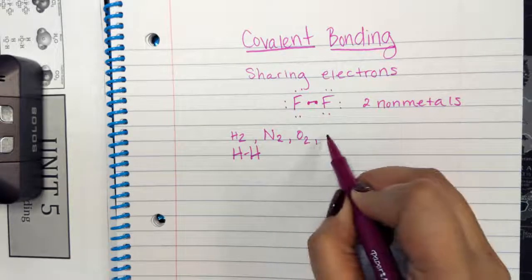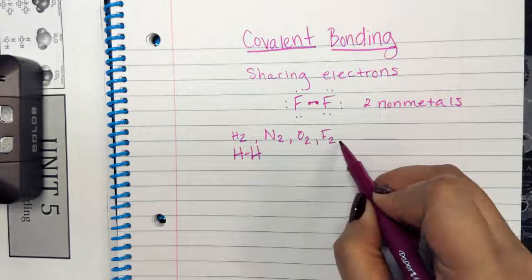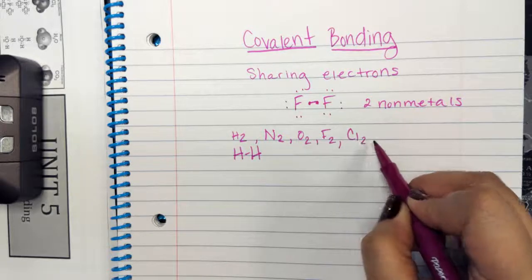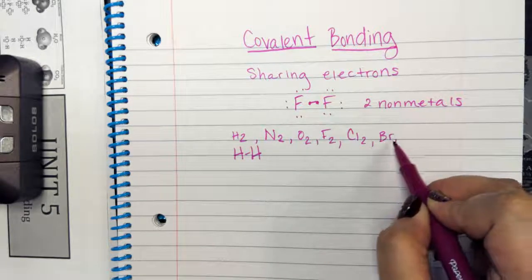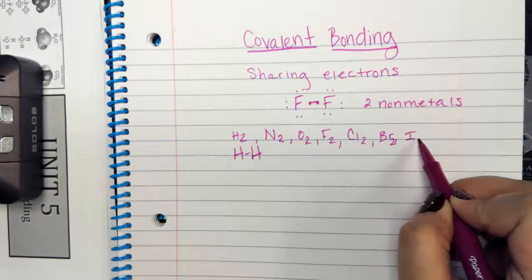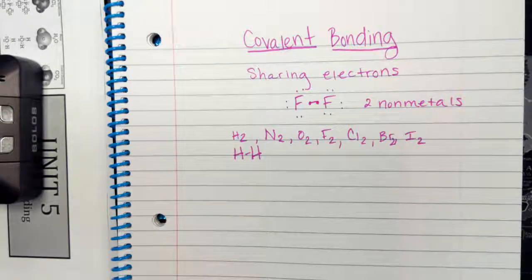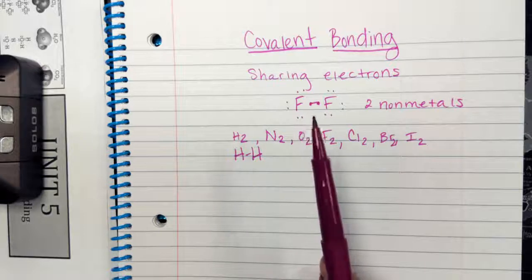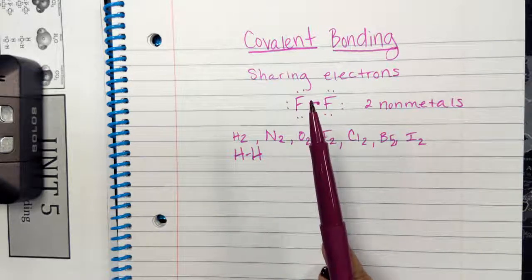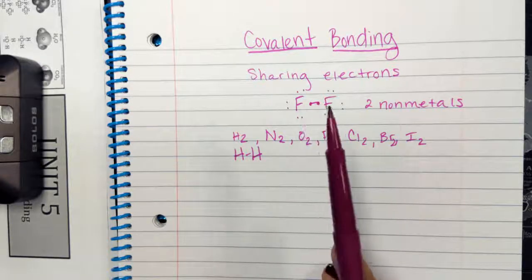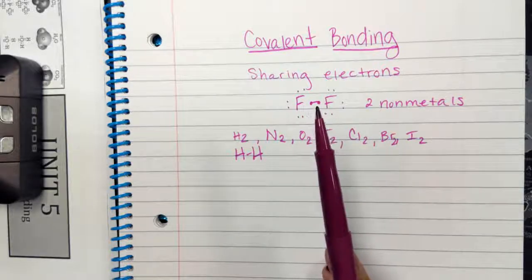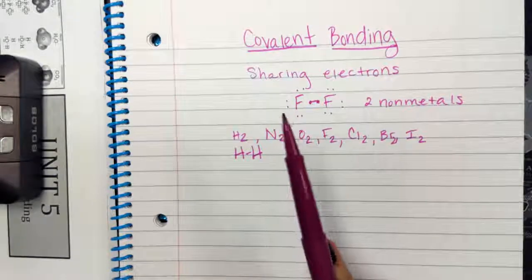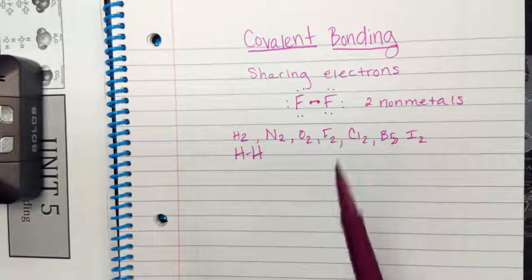Oxygen is diatomic, fluorine, chlorine, bromine, and iodine. All of these are diatomic and can bond with themselves. As I've already shown you here, fluorine has 7 valence electrons, so the fluorine atoms are going to create one single bond between them, and that way each of them has a total of 8.